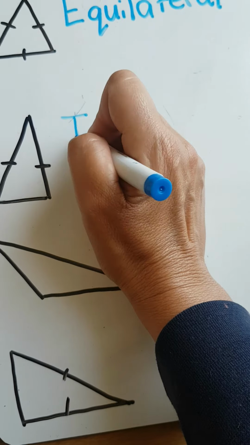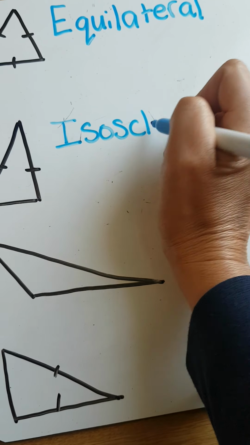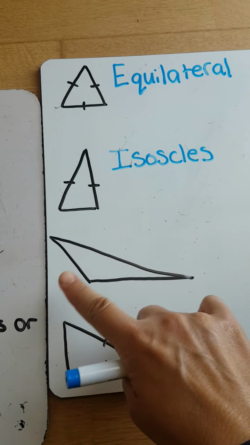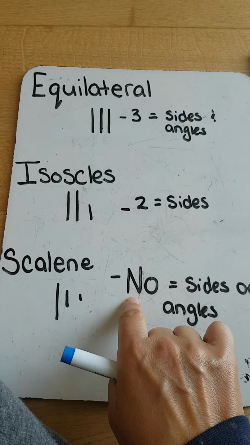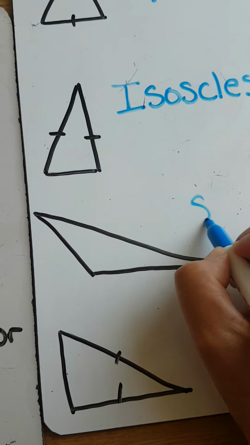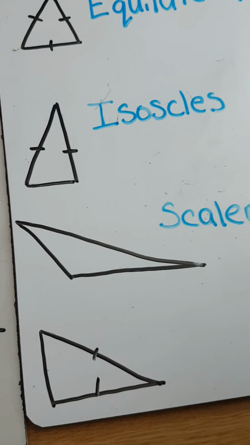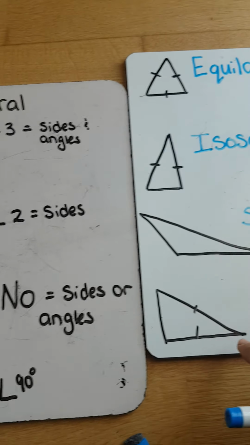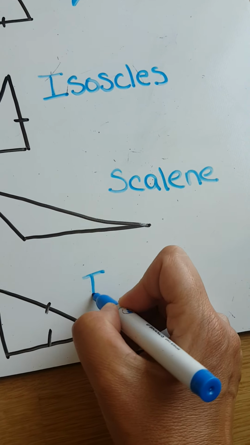So I'm going to label this one. This one isn't equal anywhere. Not equal anywhere. Scalene. And last but not least, this one has 2 equal sides. We've seen that one before. That's back to isosceles.